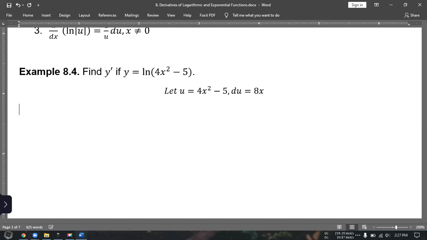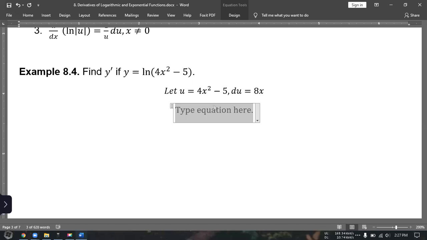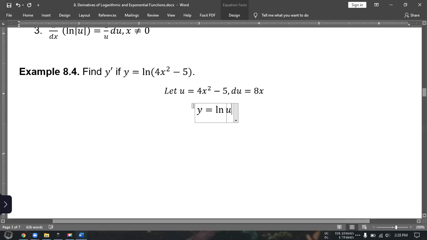Now using these variables, we have y is equal to the natural logarithm of u, which is the same as our first definition.